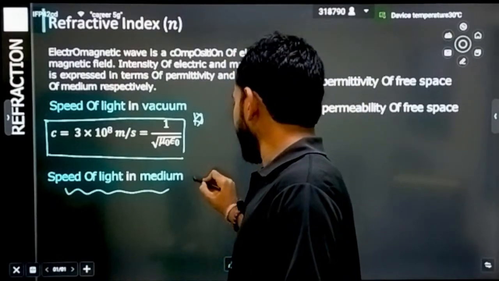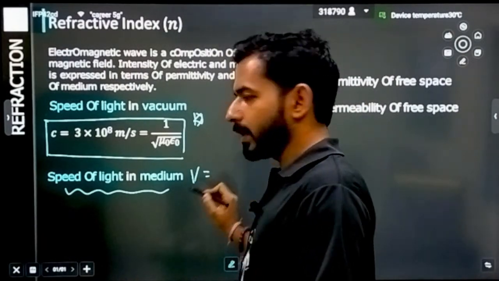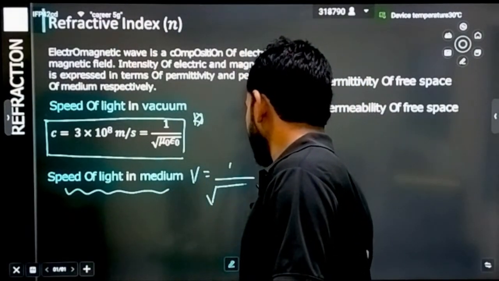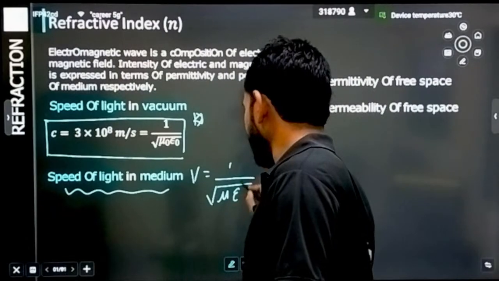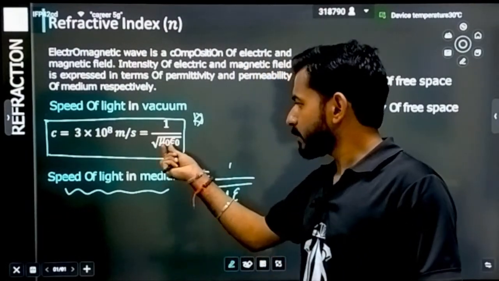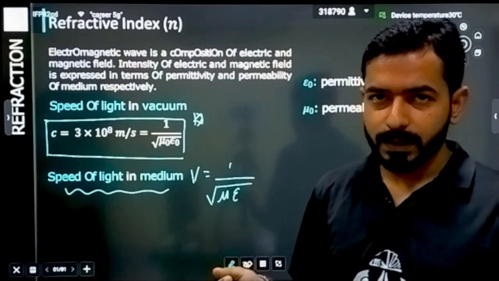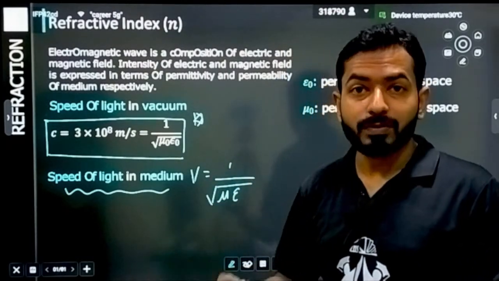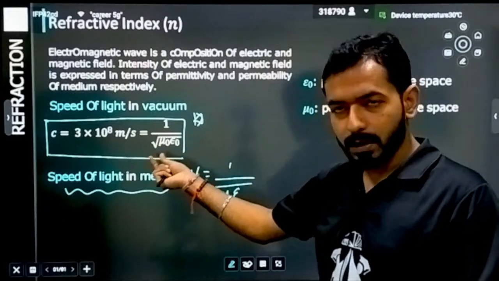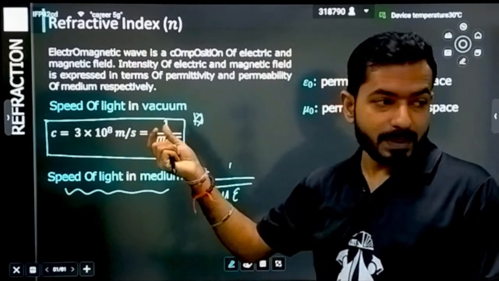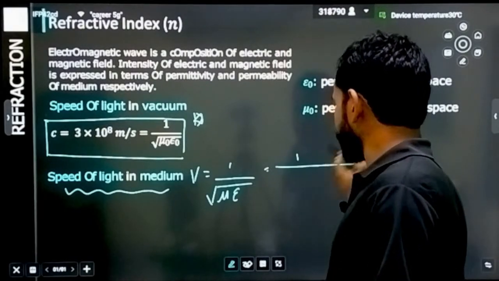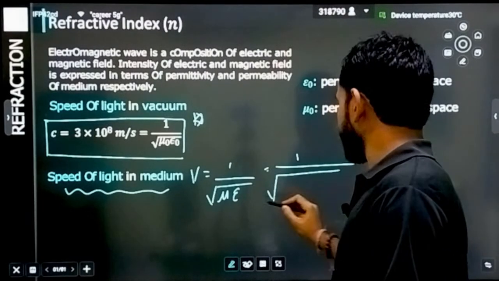You will write the velocity in a medium, let's suppose I represent it by V, equals 1 divided by root of mu into epsilon, correct? Mu naught is defined in vacuum or air, and for a medium I will simply write mu, the mu of that medium. Mu is permeability and epsilon is permittivity.